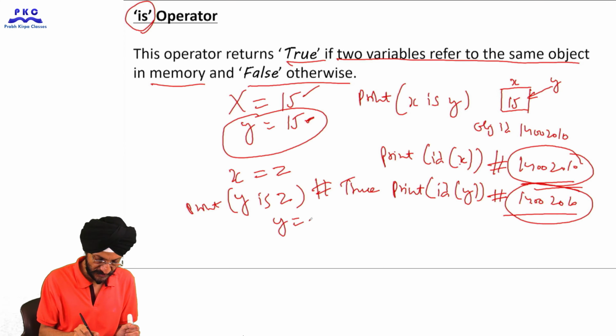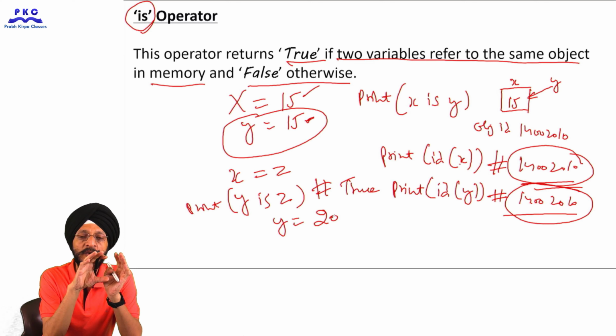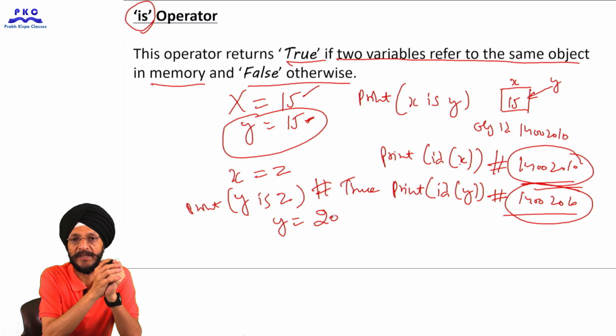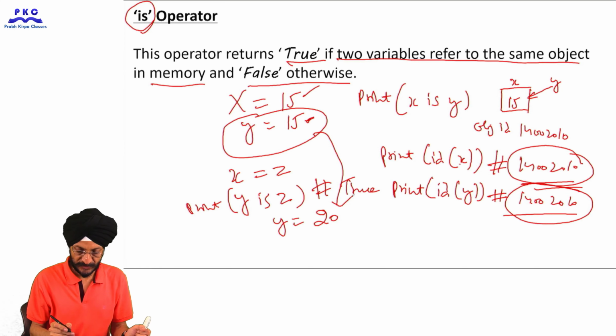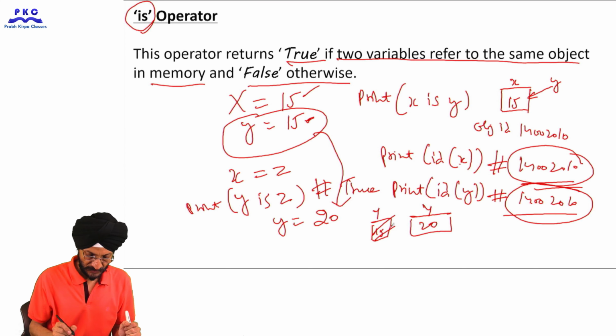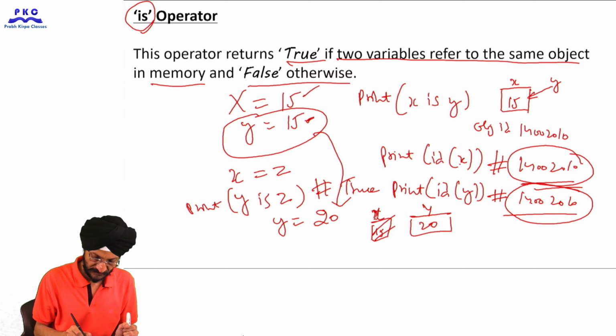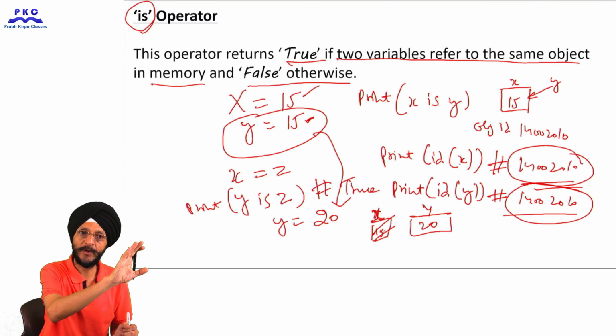If we change the value contained in the variable y, earlier it was 15, now we have changed it to 20, so a new object is created. The variable x which was having 15 will remain, because x is there.